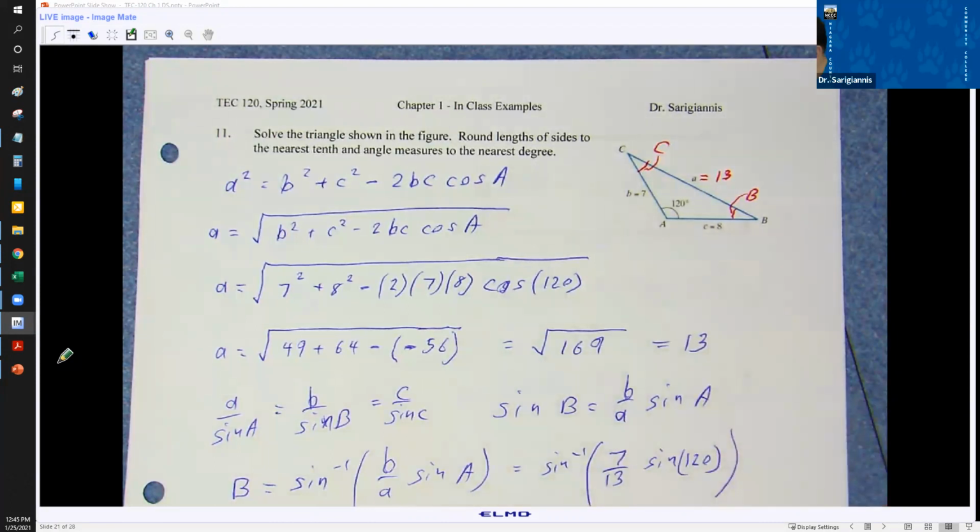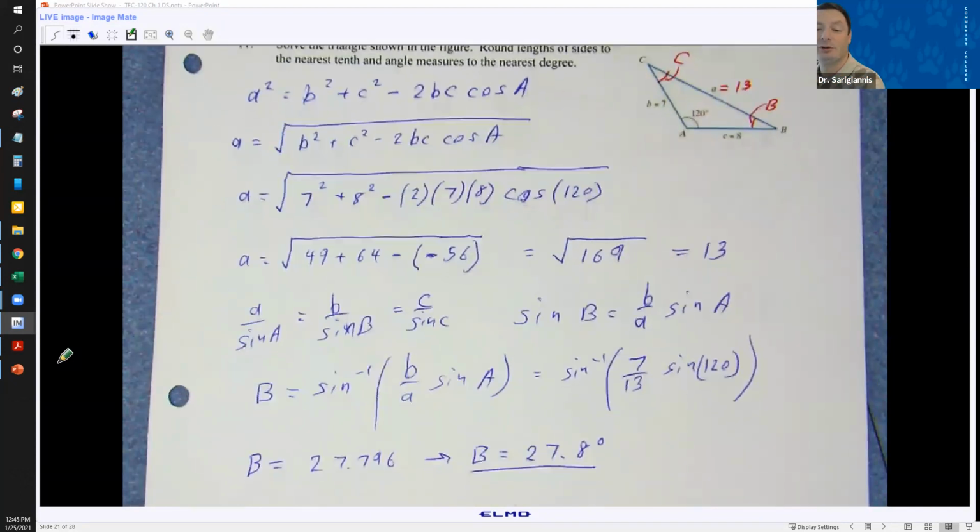Let's do this to make it look normal. So B is just, what do I get? I get like 27.796. B equals 27.8 degrees. Oops, gotta move that up. Yeah, I'm running out of space.